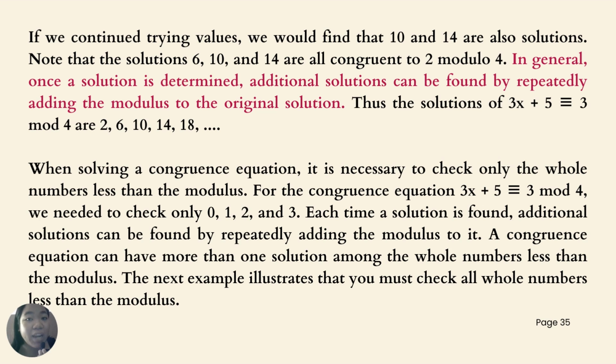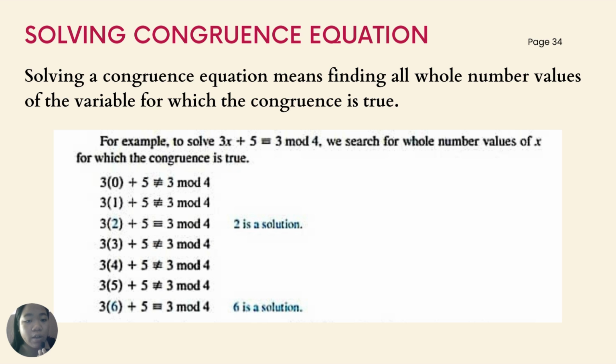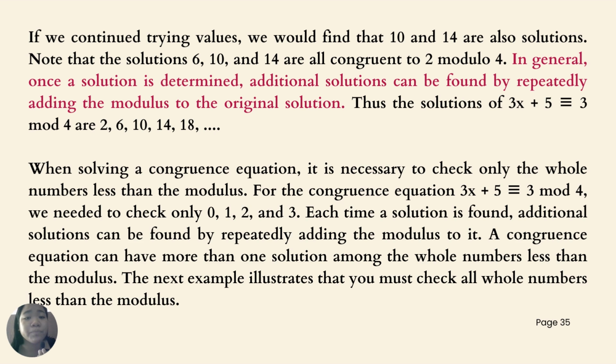Nakadepende gyapon na siya class sa modulus. Kung, let's say, ang aton modulus kay 4. Since kadepende ta sa modulus, dapat ang aton solution, ang aton answer, less than siya sa modulus.